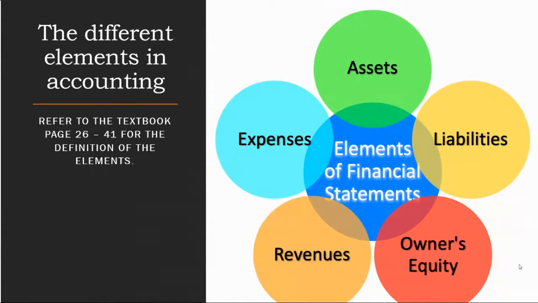That past event could have been, I've purchased it, it was given to me or donated to me. That is what, as a result of a past event, means. Now, that economic resource, that asset that we control, has the potential to produce economic benefits. When we talk about economic benefits, we are talking about revenue that it will generate for our business.